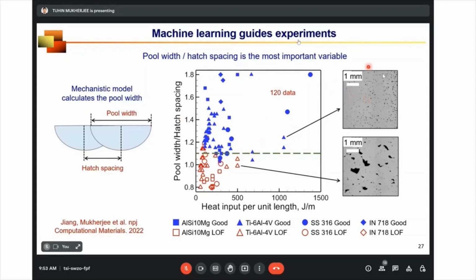You can see the microstructure, and below which all experiments are bad. Your product is looking like Swiss cheese. So if you want to have a very good product, you want to be in this region. So before you do the experiment, you can have some understanding of which route you need to follow for becoming successful.